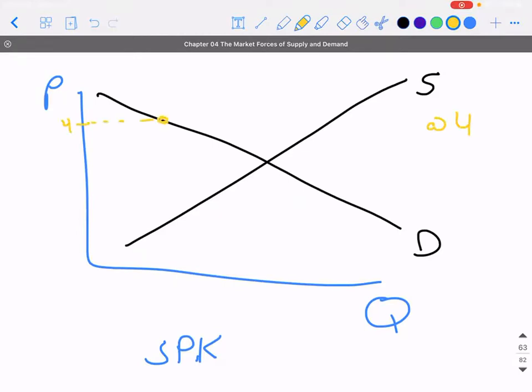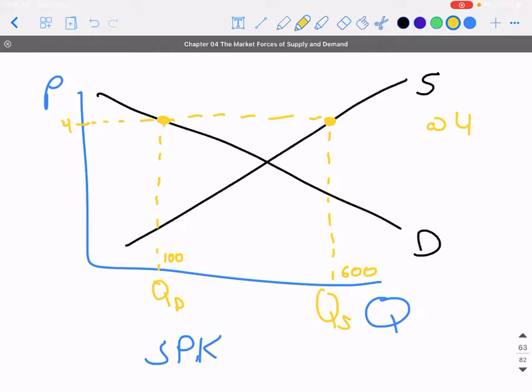At the price of $4, here's my quantity demanded, and here is my quantity supplied. You don't need exact numbers here, but let's throw some numbers in. I'm just going to make up these numbers. Let's say that that's 100, and let's say that that's 600.